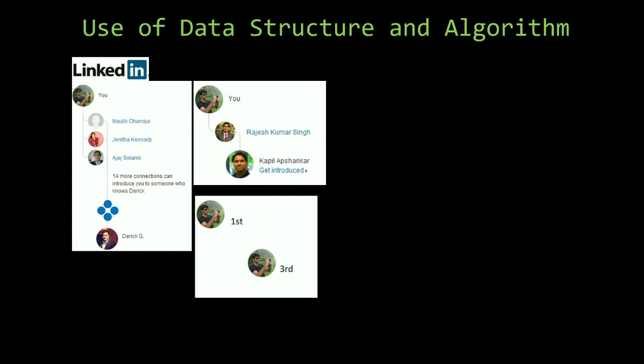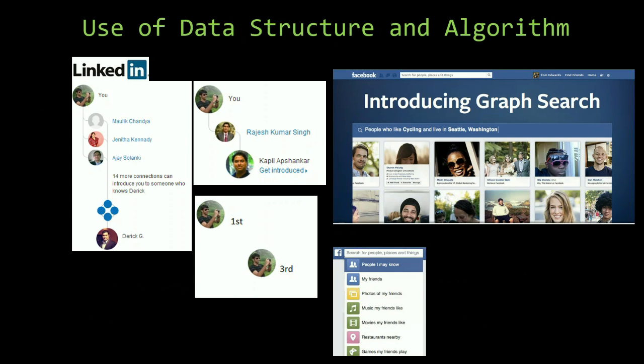All that graph thing you get in LinkedIn, so they are using the graph data structure. Even Facebook also uses the graph data structure. You can search things like people you may know, or you have some interest in music and a similar kind of person, your friend. You can see music my friends like, movies my friends like. So they have introduced that kind of graph searching algorithm.